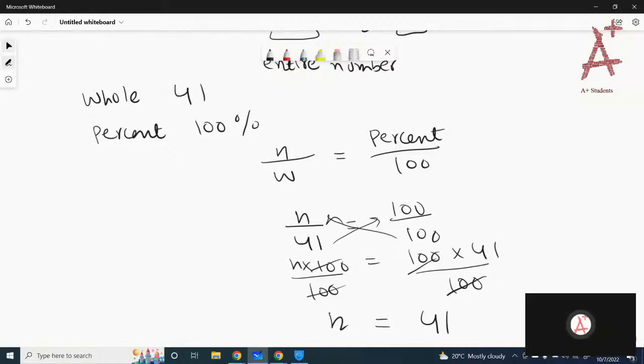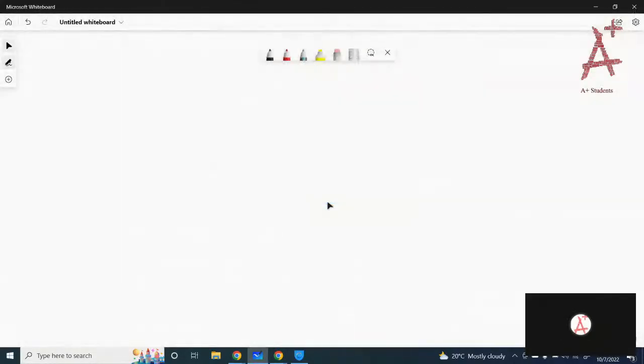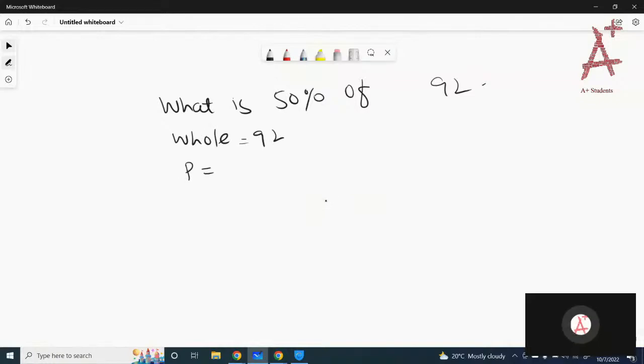Okay, let's do the other example. What is 50% of 92? Here the whole is 92. The percent is 50. Got it?